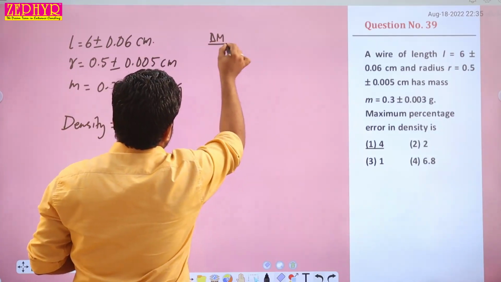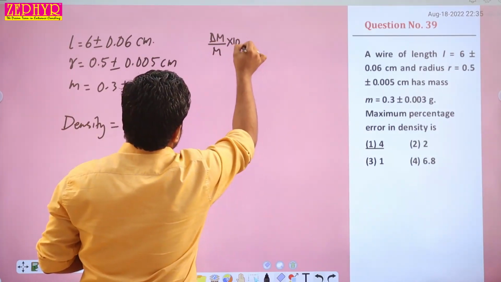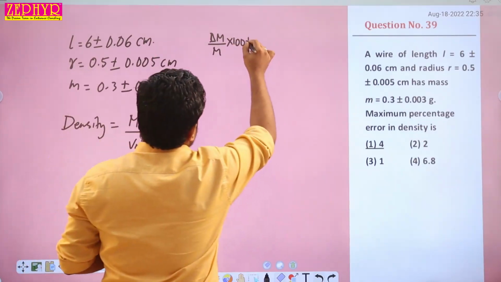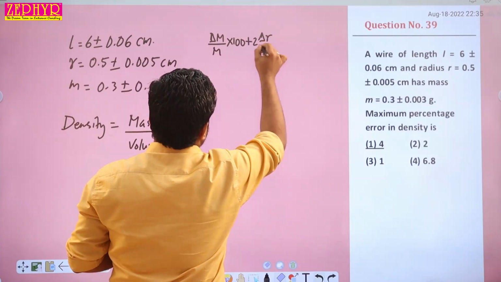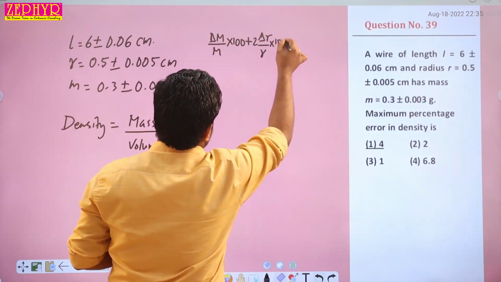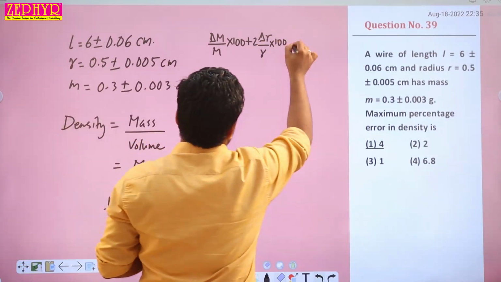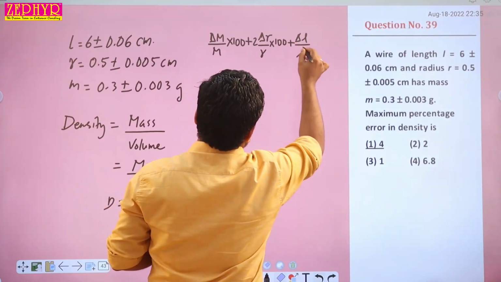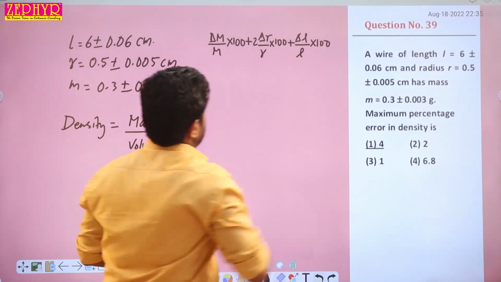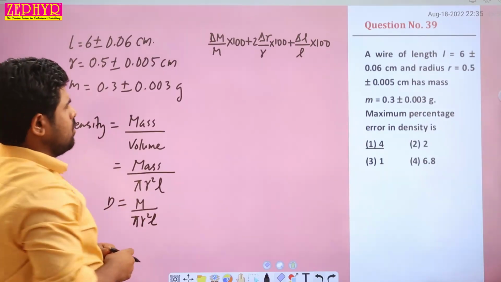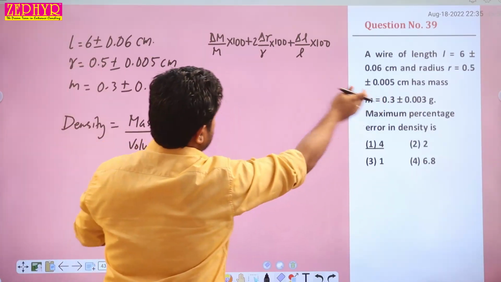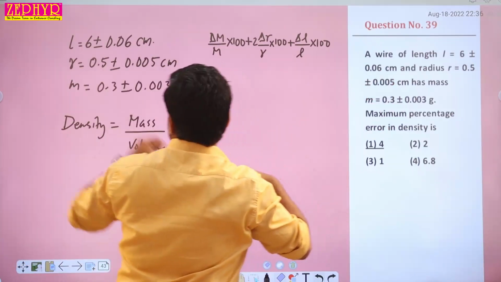So now the percentage error is delta M divided by M into 100, plus 2 into delta R divided by R into 100, plus delta L divided by L into 100. So this one is the percentage error in measurement of density. Now you just substitute the values from the given data.